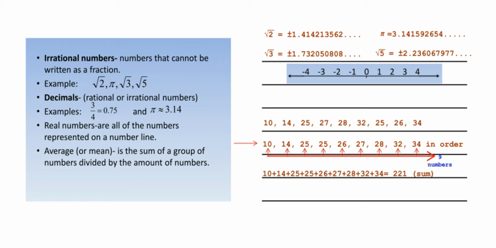Knowing how many numbers you have helps, because that's going to be used for averaging, in other words, dividing. So you take the sum, which is 221, and divide it by the amount of numbers you have, which is 9. So 221 divided by 9 gives us that our average is roughly 24.6. So 24.6 is our average.